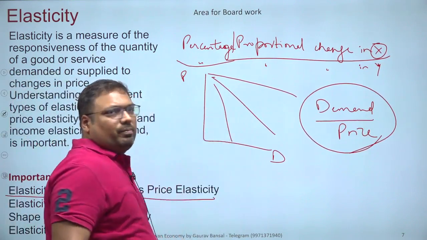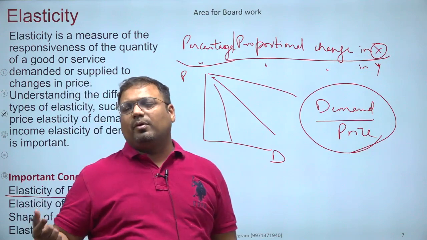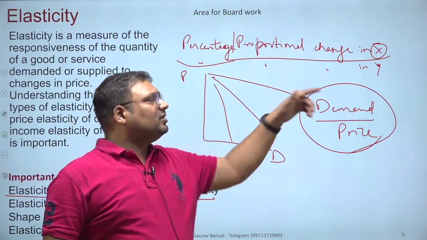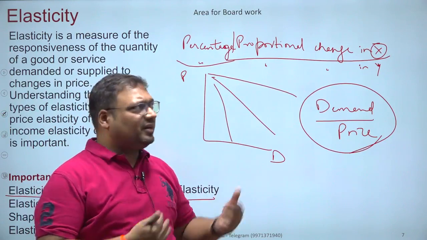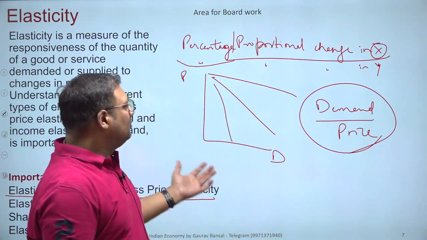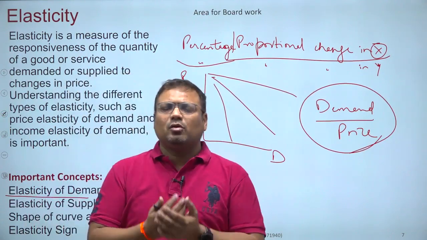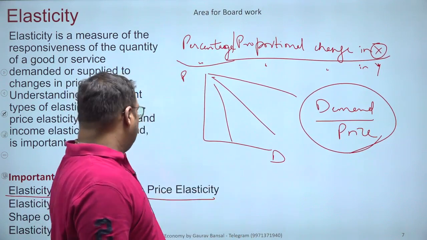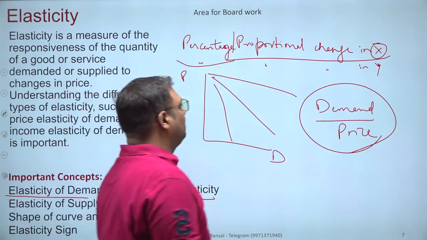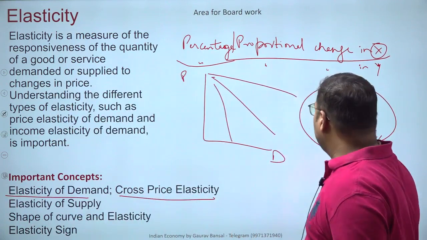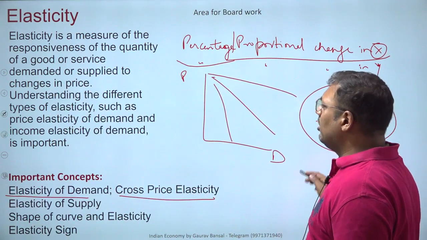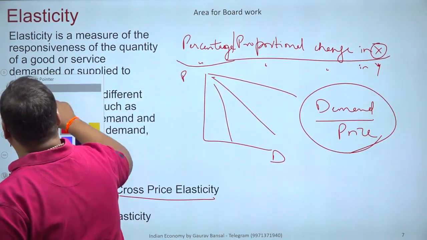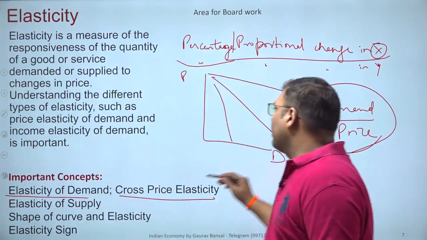The demand curve tells me the broader shape, the direction, but what is the angle? This is what elasticity tells me. Elasticity completes the topic. It has many concepts and great utility, and there are a lot of practice questions where we are going to cover all of this. I will not spend time explaining this because through questions we will be able to do a lot of practice, and over there I will explain few things wherever applicable.